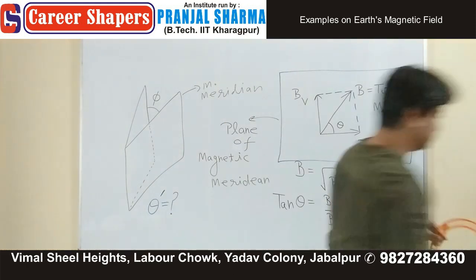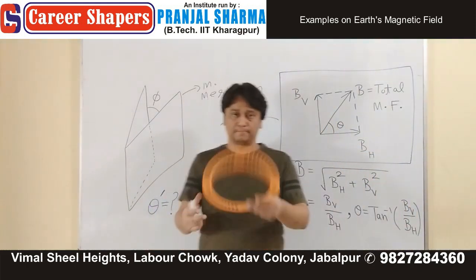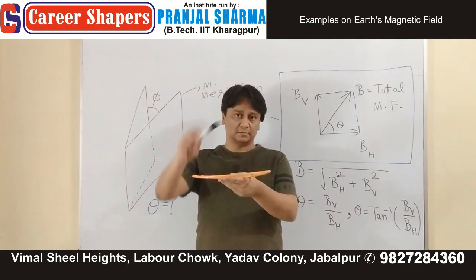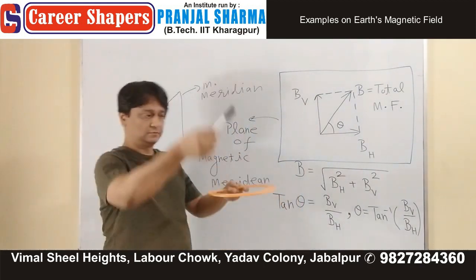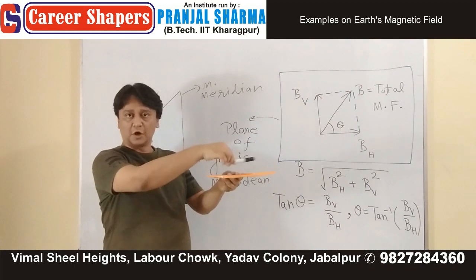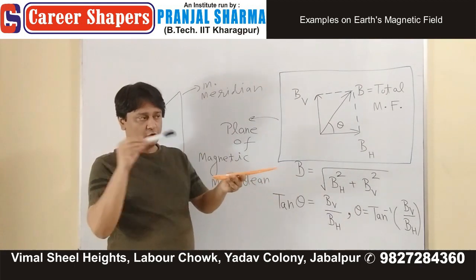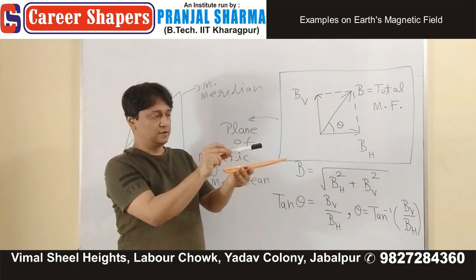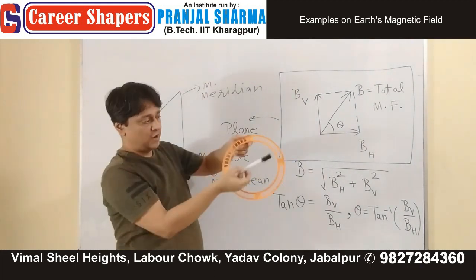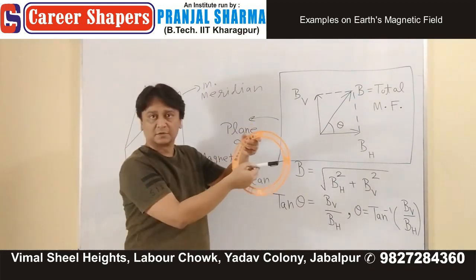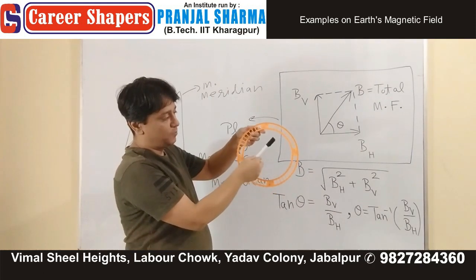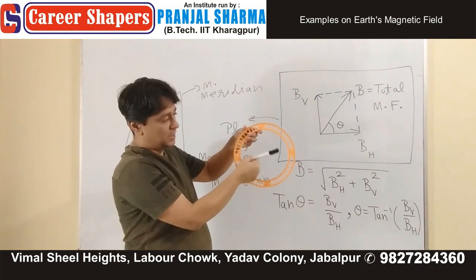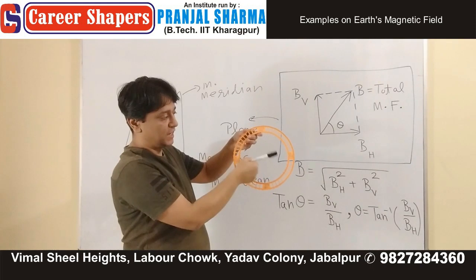So this is your compass. That's the needle in the horizontal setup. The marker is giving you the direction of the magnetic field line. If I hold the compass like this, the needle will point in this direction, giving me the angle of inclination theta.